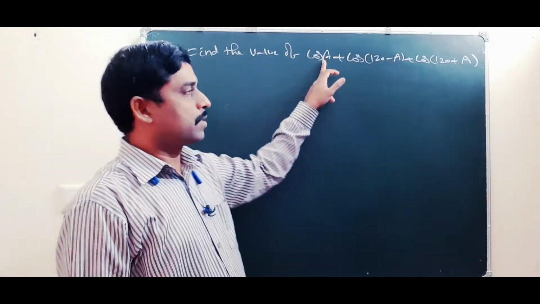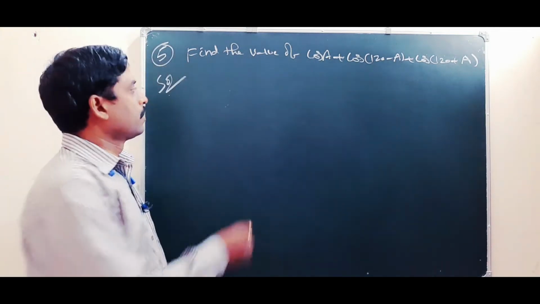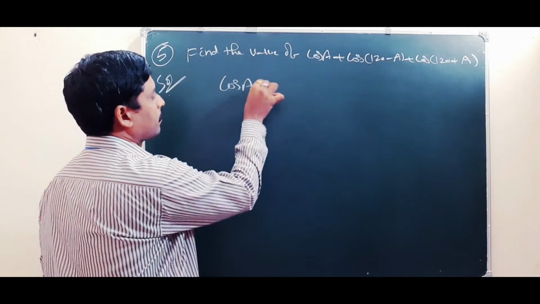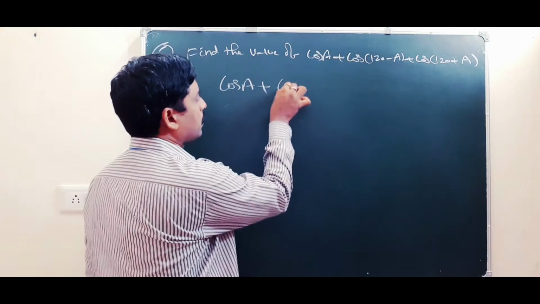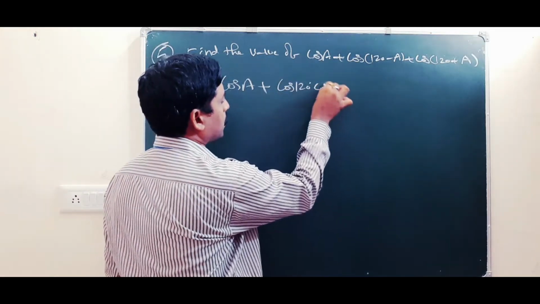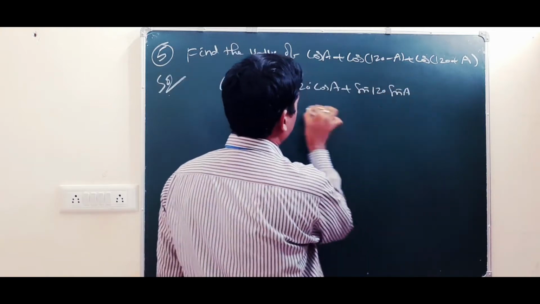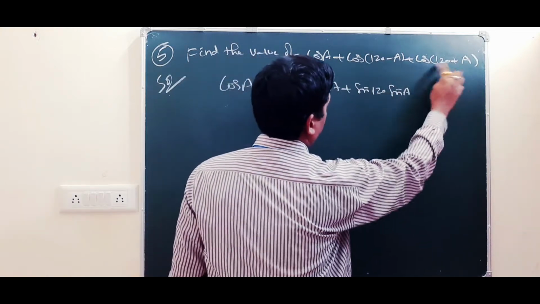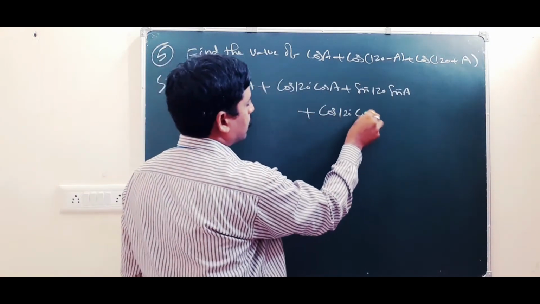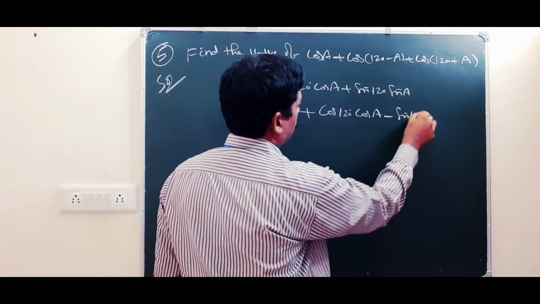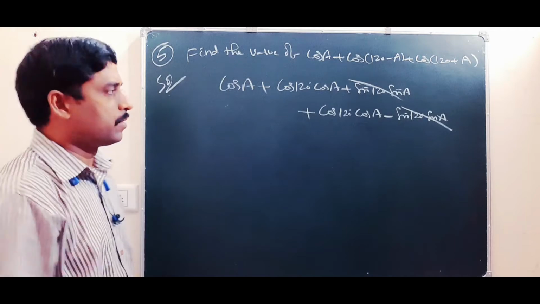Find the value of cos A plus cos (120 minus A) plus cos (120 plus A). Okay, write cos A. We have the cos (A minus B) formula: cos 120 cos A plus sin 120 sin A. Okay, plus, by using the cos (A plus B) formula, cos 120 cos A minus sin 120 sin A. So sin 120 sin A get cancelled, positive and negative.